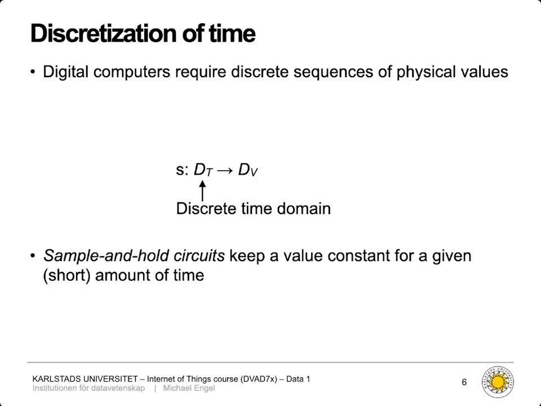So this is a circuit that essentially stores a value at a given point of time when given a signal, and stores it as long as, well, the time is required to measure it. And then when the next tick comes, you need your next sample, your next step of your discrete time domain, then it's going to sample the next value.